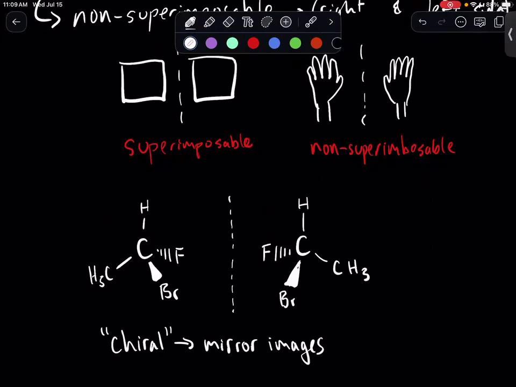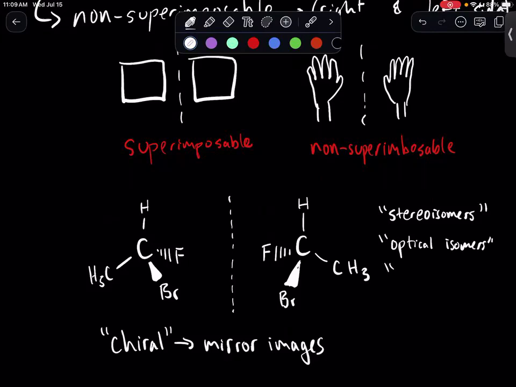When we look at these two, we call them stereoisomers. Generally, when you hear the word stereoisomer, instead of referring to the cis-trans isomerism, usually people are using it to refer to this optical isomerism. So these are called optical isomers.